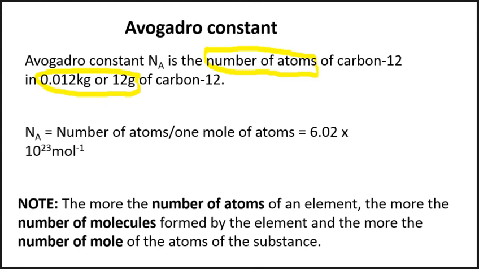What do I mean? The more I have atoms, the more I have molecules. Actually, molecules are combinations of 2 or more atoms. So if I have more atoms, obviously, since a molecule is a combination of 2 or more atoms, definitely the number of molecules will increase.